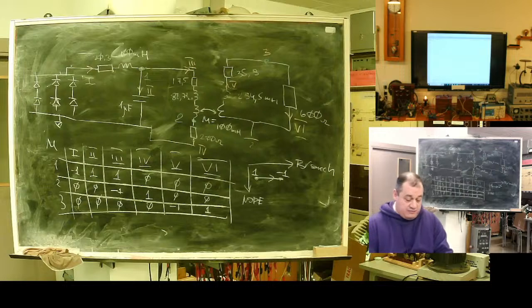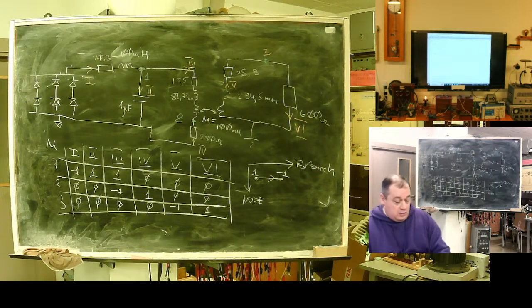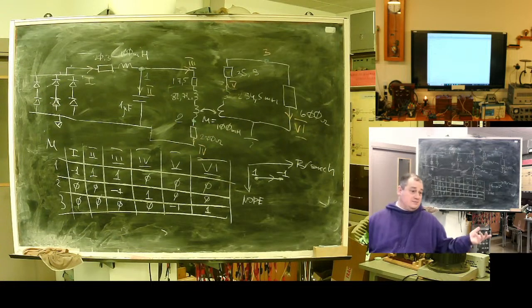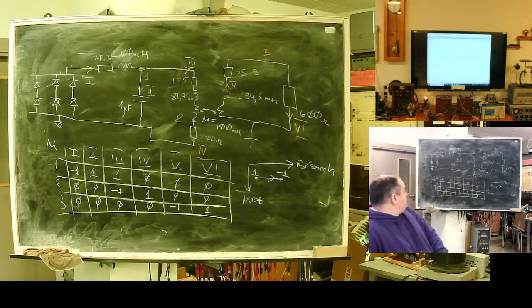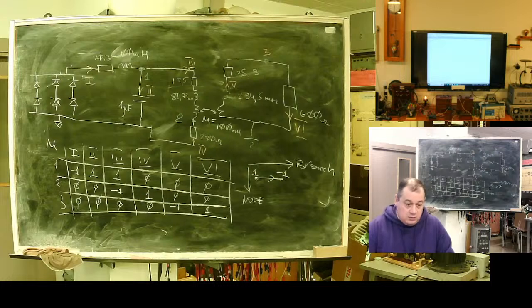For the first branch I will write 20.3 plus J omega multiplied by 100 minus 3, because it's millihenry, and I got 20 real ohms plus J omega A. For the second branch, 1 microfarad, 1 divided by J omega multiplied by 1 A minus 6.